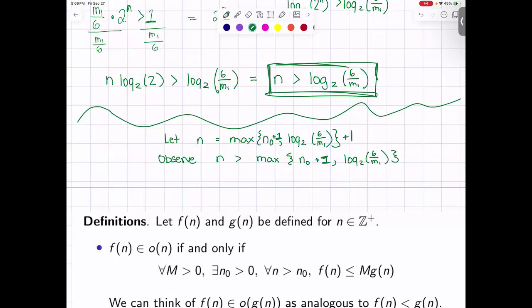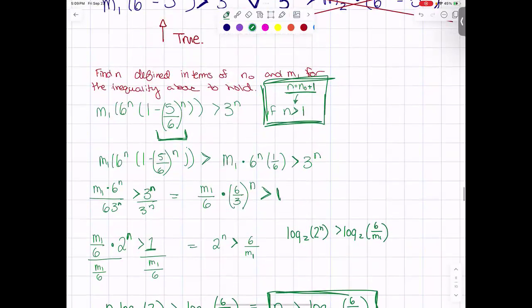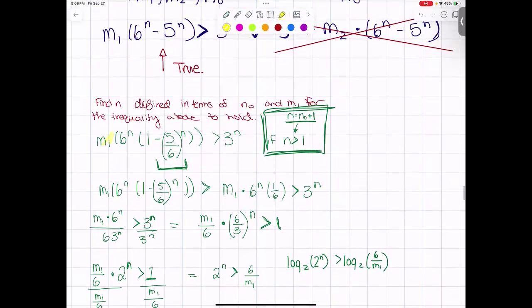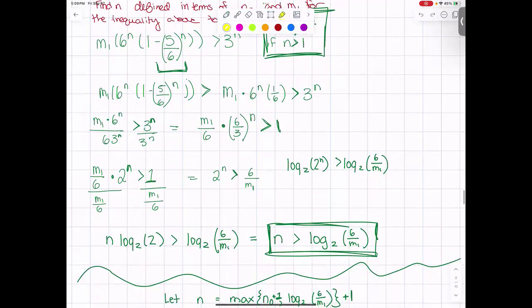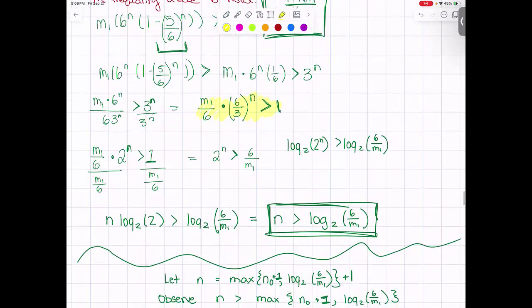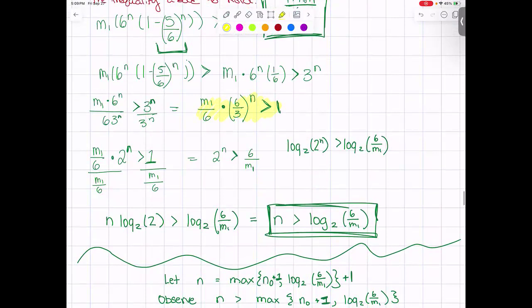And now we can just work backwards. We can observe that n is greater than n naught plus 1, which means we can say that this right here is definitely greater than this right here. And we know that n is going to be greater than log base 2 of 6 over m1.